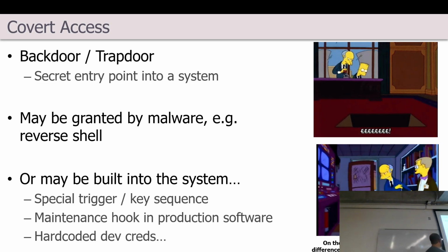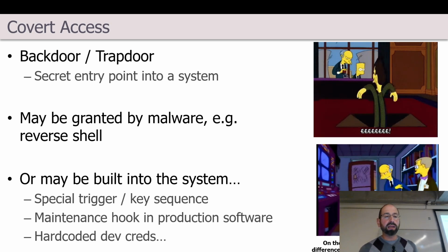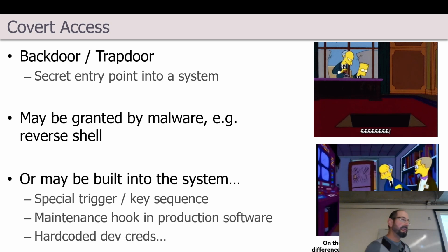Presumably, you do that to have a more persistent presence on the system, so that one can do other things like destroying data, leaking information, and the like. It doesn't have to be a reverse shell. It could be some hard-coded way of accessing the system that is just built into the system.